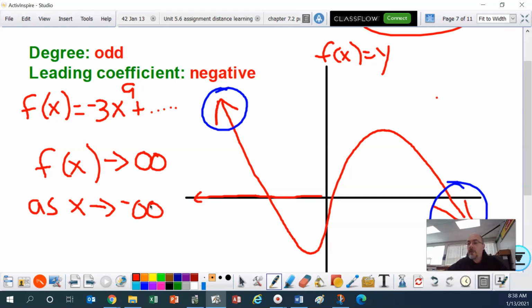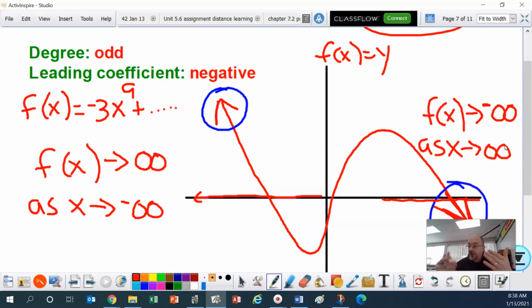Over here, the f of x, notice it's pointing down, ladies and gentlemen, it's going down. It's going to negative infinity as x goes to, now when we go to the right, x is positive infinity.